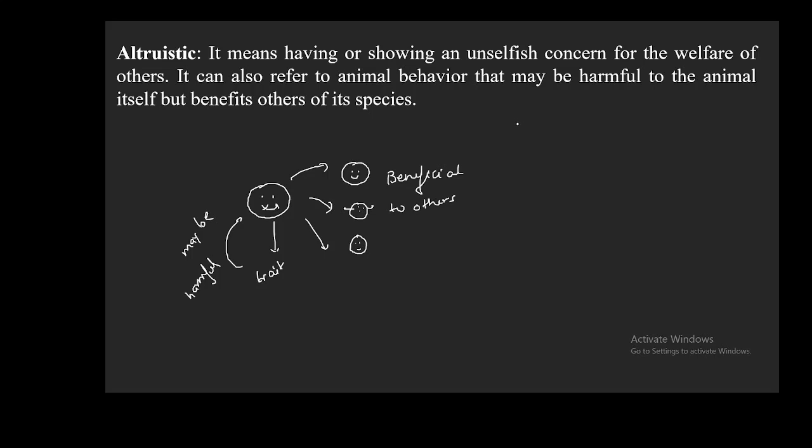So you can say nature selects the altruistic genotype. And this is in the case of close relations, so this is known as kin selection.